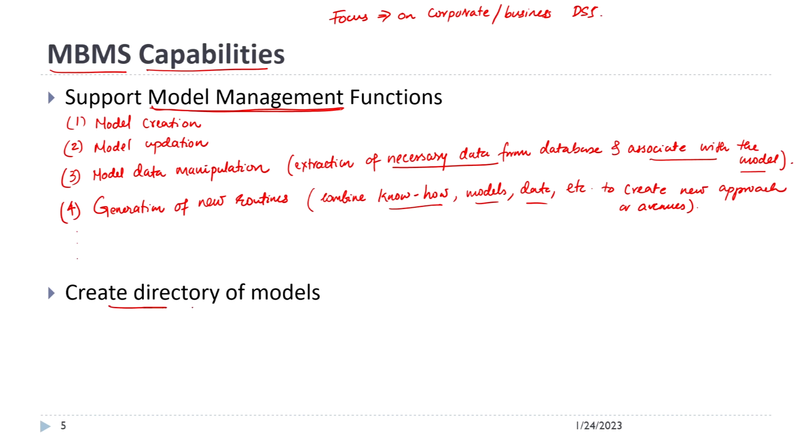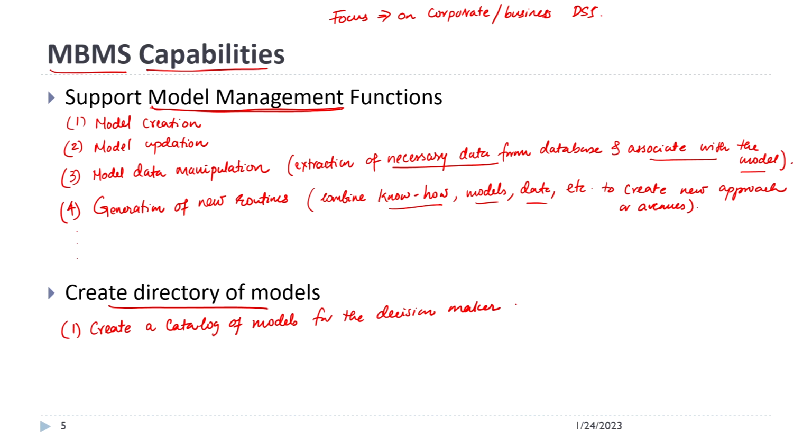Once your model based management system supports these functions, the other major function is that it should create a directory of models. The first part here is to create a catalog of models for the decision maker.